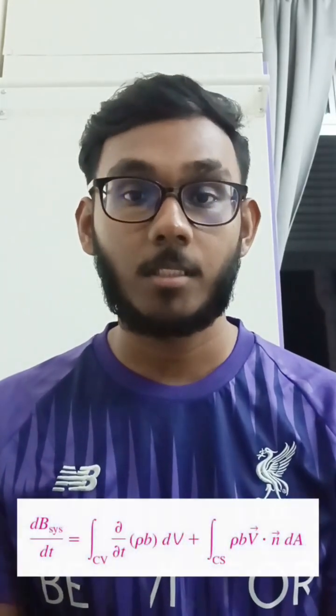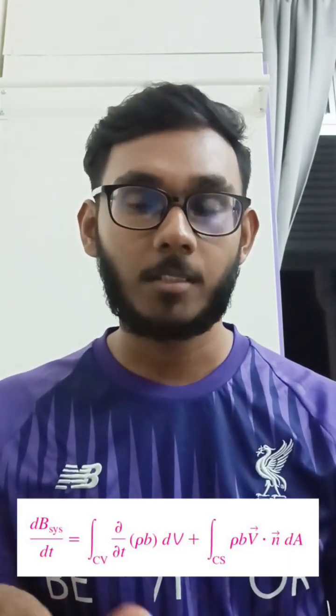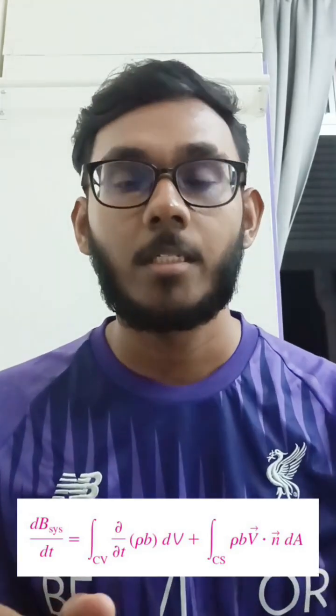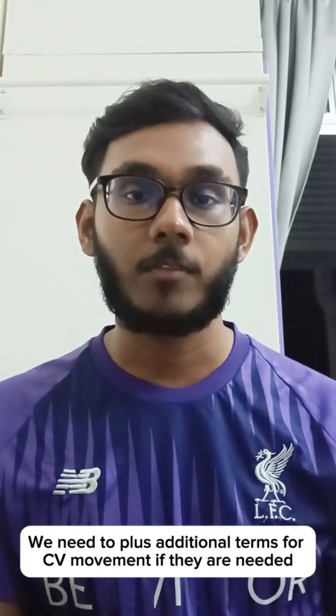The alternate RTT equation is written as dB system over dt equals d over dt integration CV rho beta dV plus integration CS rho beta velocity V times n dA plus additional terms for CV movement if you have them. This makes it easier to calculate changes when the control volume moves in a complex way, such as rotating or accelerating.